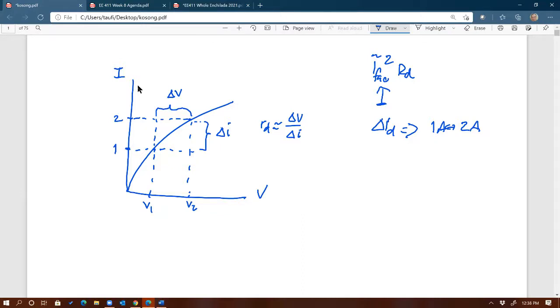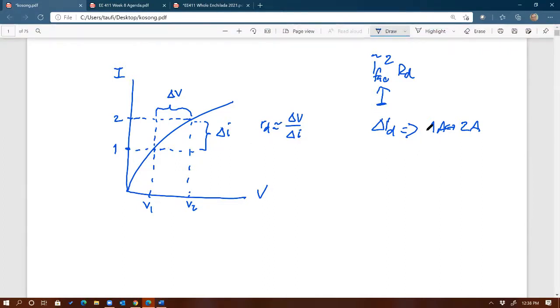So this is something that I don't have in the notes yet, but if you want to draw this in your book, go ahead. That's how we approximate dynamic resistance, by looking at the fluctuation in the current, basically the ripple current through this diode.